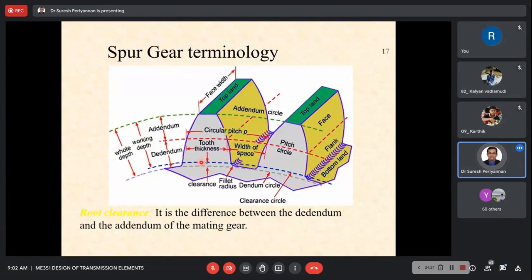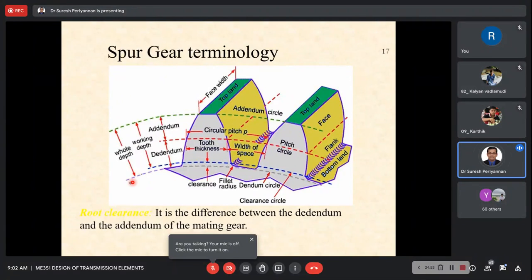This root clearance is based on the fillet radius. Why do we need fillet radius? As we studied in the last subject, corner surfaces always have more stress concentration. We would like to avoid that stress concentration effect. Hence, based on the size of the gear design, they use a fillet radius to avoid the corner surface.